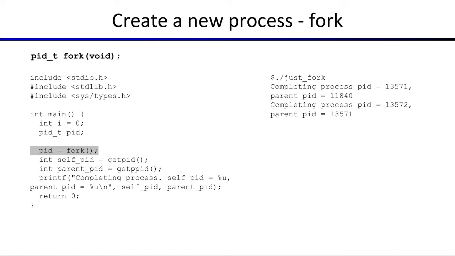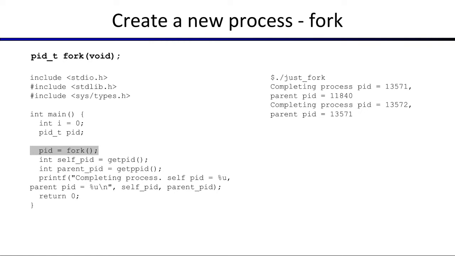So now you have 2 processes at the point of fork, and the line after that will be executed by both of these processes, because the second process that was forked, which is a child process, took most of the memory and state from the first process. That is why the lines after fork are executed 2 times. One by the original process, the parent process, and one by the child process that got forked.